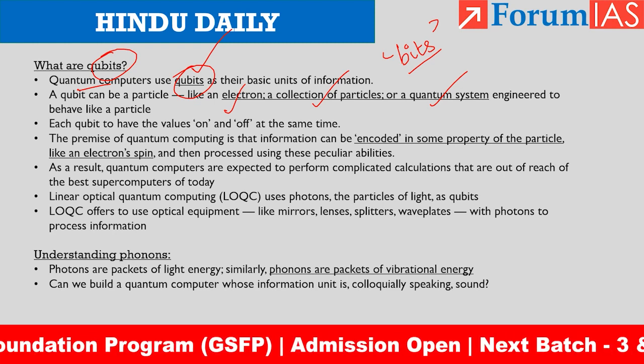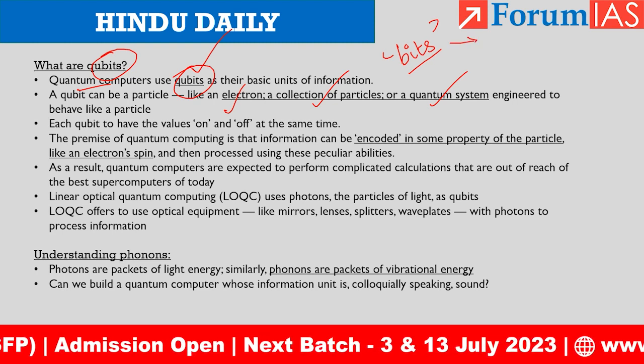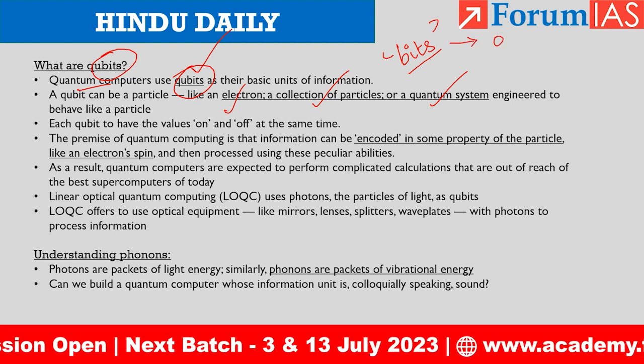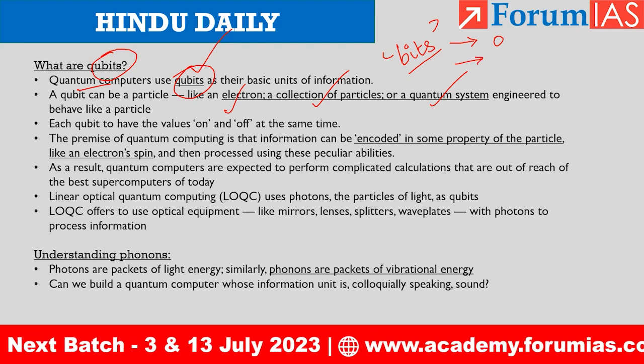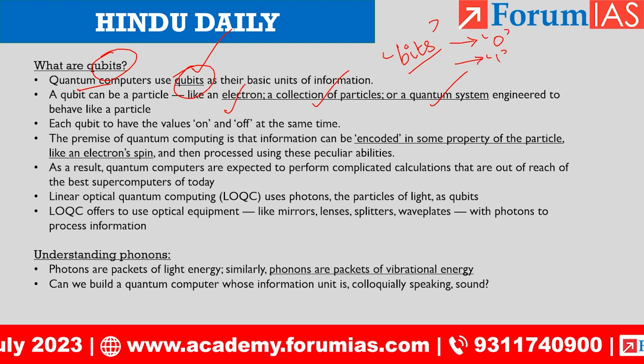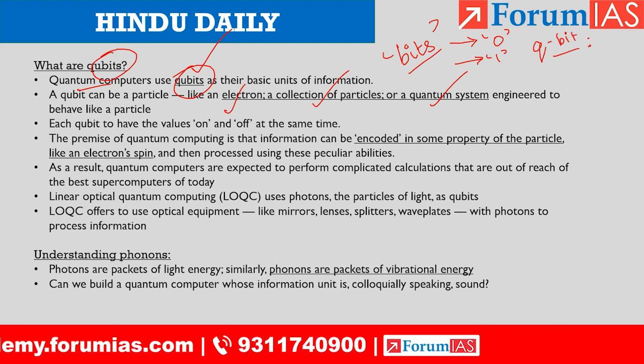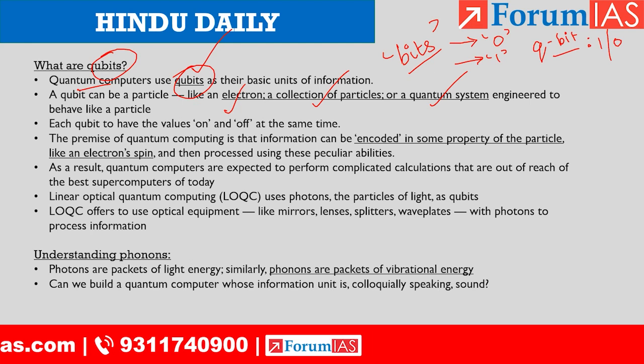Okay, so one bit can store 0 at one time, or it can store 1. It cannot store both at the same time, but a qubit can store 1 and 0 at the same time.